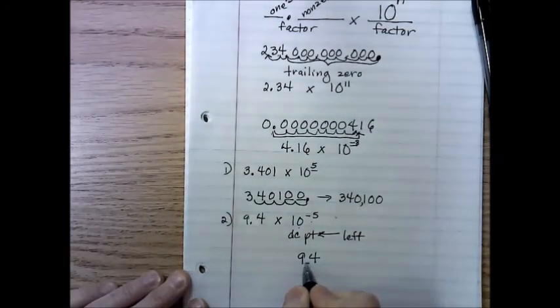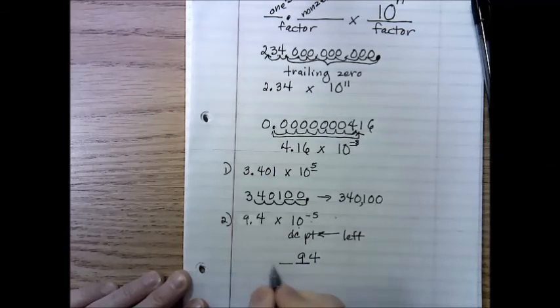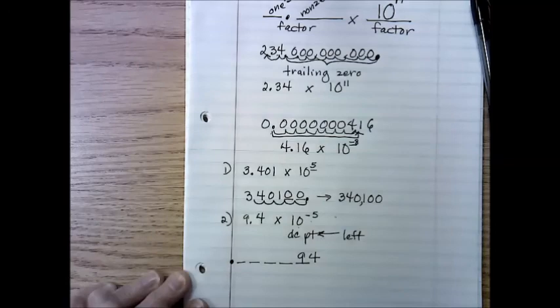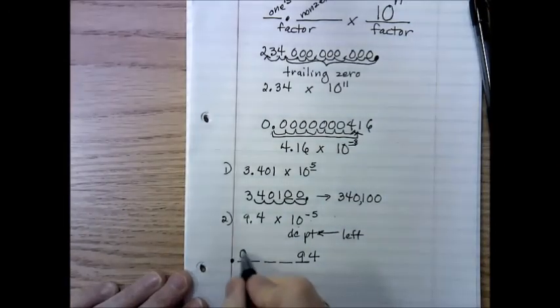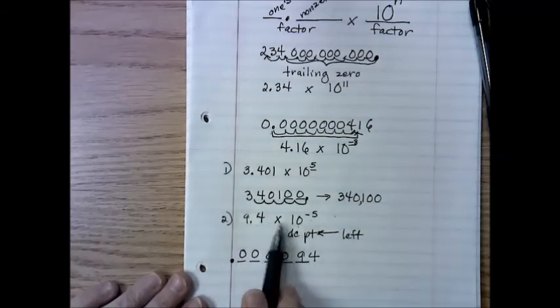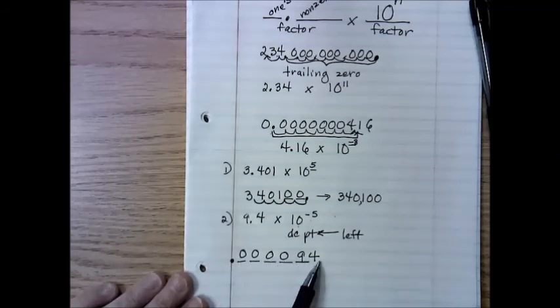So it was here, so I'm going 1, 2, 3, 4, 5. My new decimal point will be there, and I will have to fill these places in with zeros. So now my new number, 9.4 times 10 to the negative fifth, would be 0.000094.